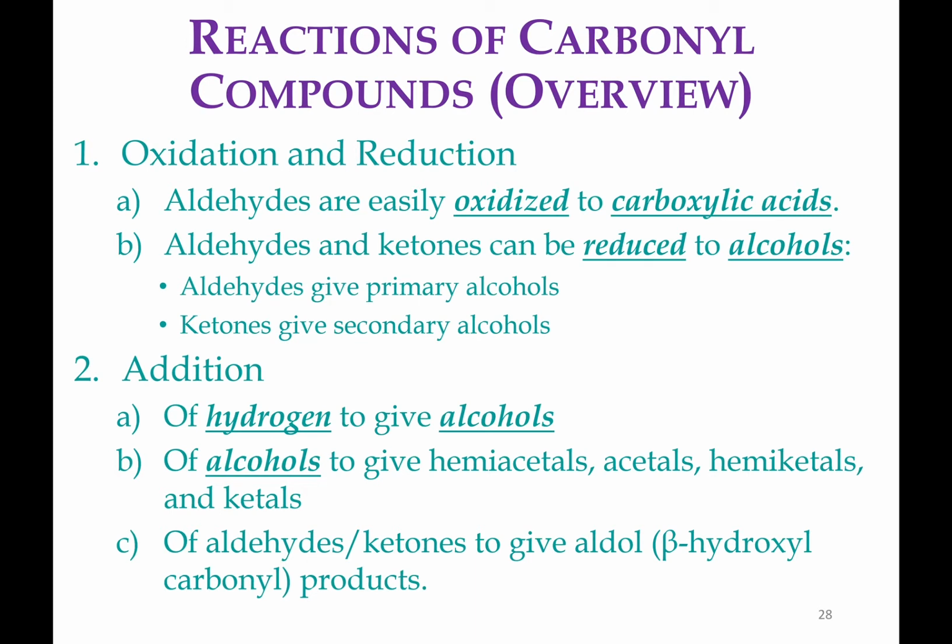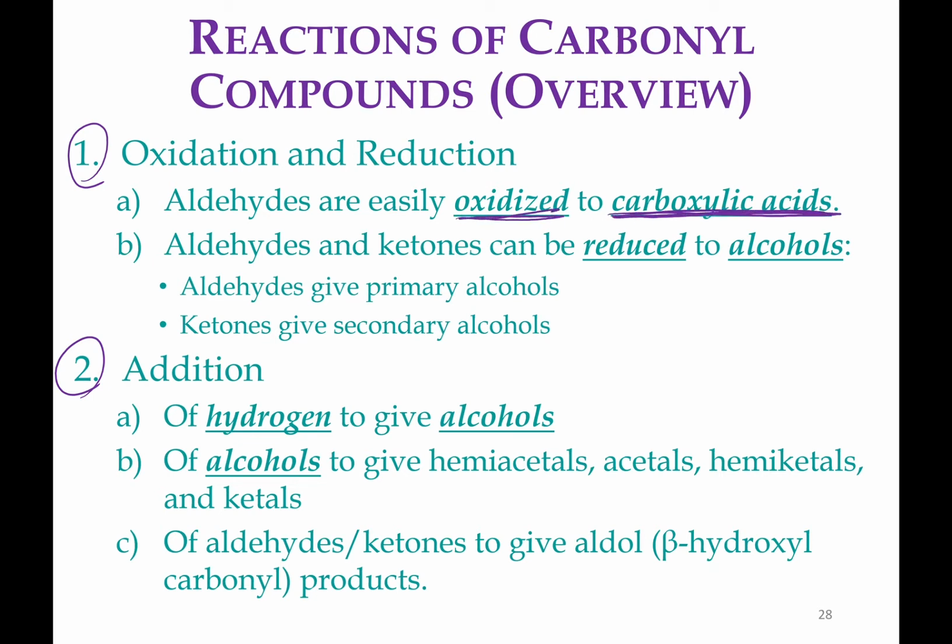Now, once we have a carbonyl compound, what kind of reactions do we undergo? The 2 reactions we just discussed were a review of the alcohols chapter, where we formed the carbonyl compound. Once we have a carbonyl compound, we can undergo oxidation or addition. Oxidation and reduction: aldehydes are going to be very easily oxidized. Remember, they're easily oxidized to carboxylic acids.